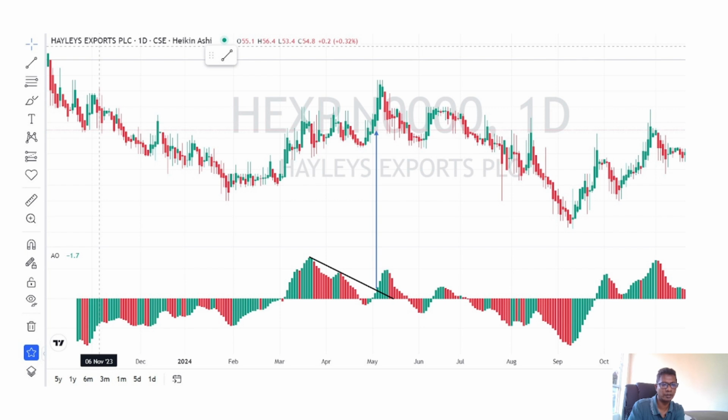Before that sloping line crosses the zero line, you can see very clearly a point where the green bars, green histograms, are cut by this sloping line. At that point, I have drawn an arrow straight to the price chart. At that point, I can start the purchasing.